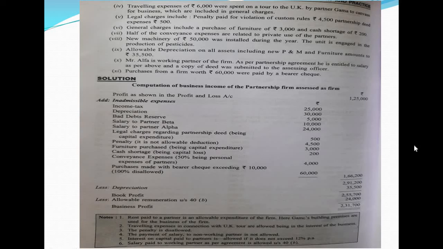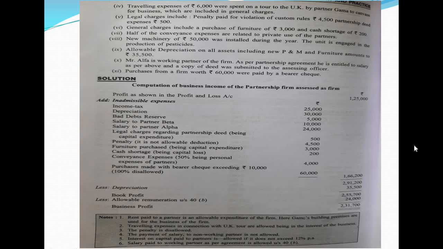It says computation of business income of the partnership firm assessed as firm. So first of all, you have to take the profit as shown in the profit and loss account, that is 1,25,000. Then you have to add back the inadmissible expenses, that is the income tax, depreciation, bad debt reserve. Then salaries to partners Beta and Alpha. Then the legal charges regarding partnership deed, being capital expenditure.